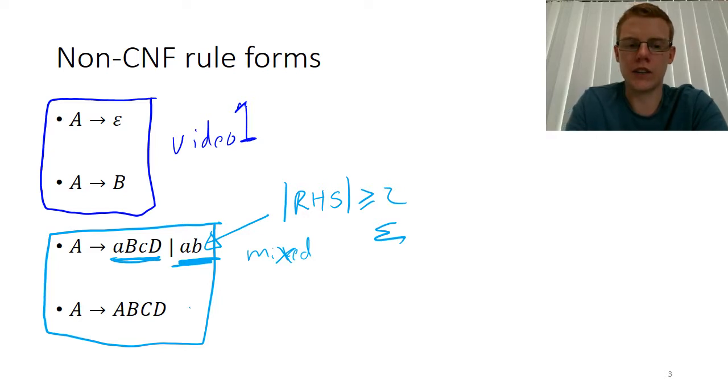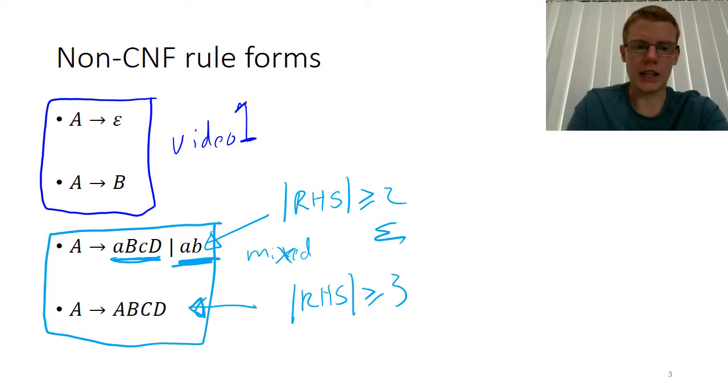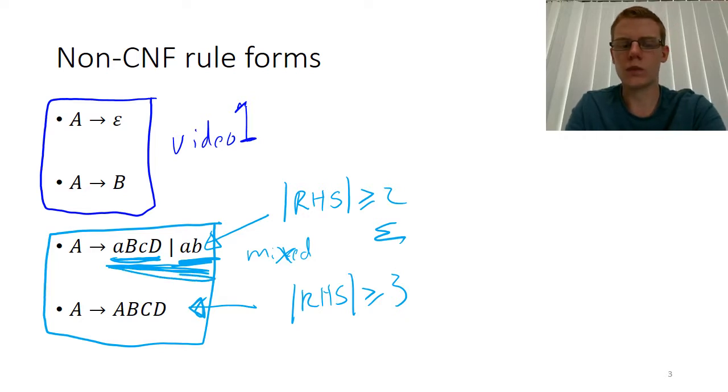The second set of rules are rules that are longer than 2, so where the right-hand side is at least 3 long, and where they only have non-terminals in them. Now we can straight away see that once we've looked at all the rules of the first form, that will contain all of the rules that are 2 or longer, but only if they have some terminals in them.